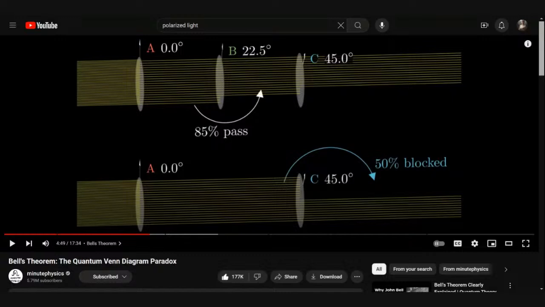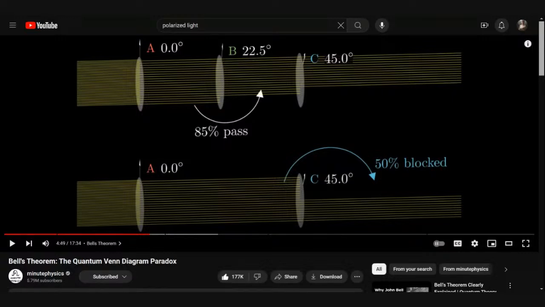So let's say I have a club and I filter only people by a question. I ask them, what's your polarization?